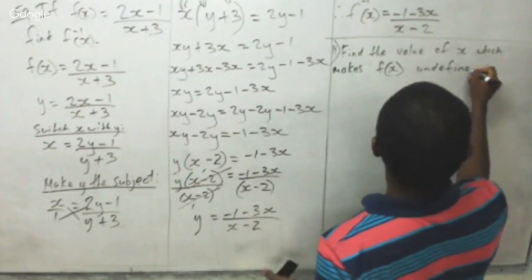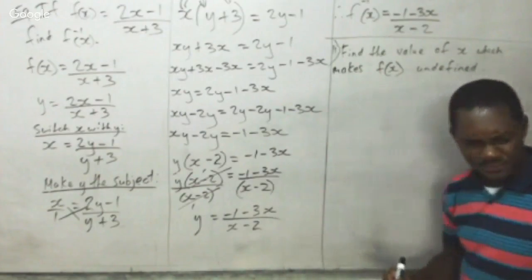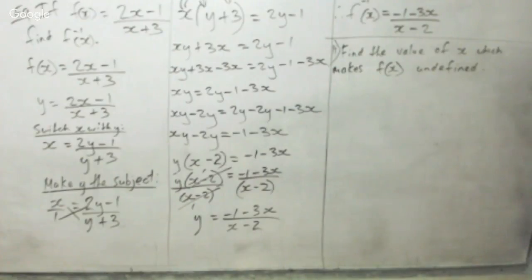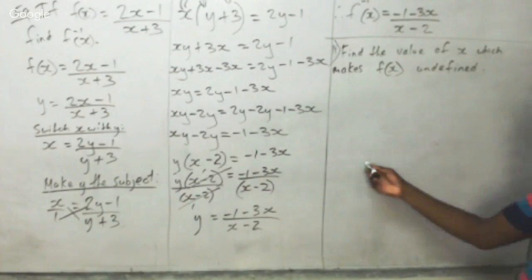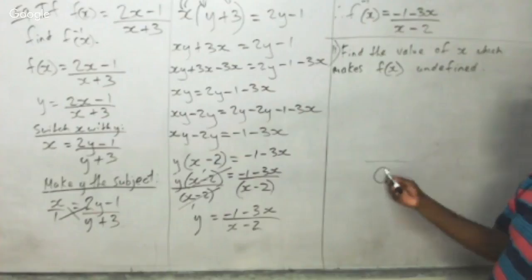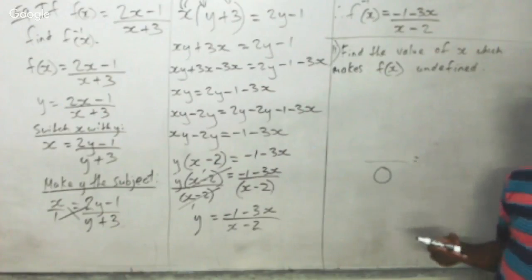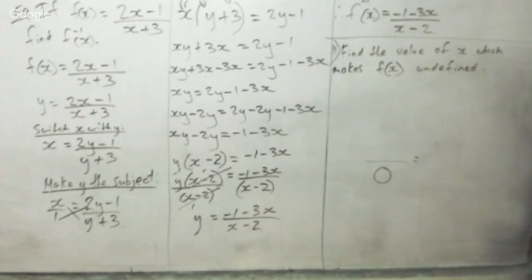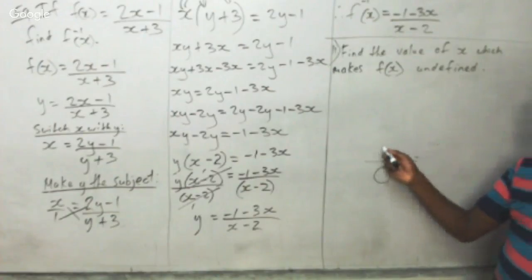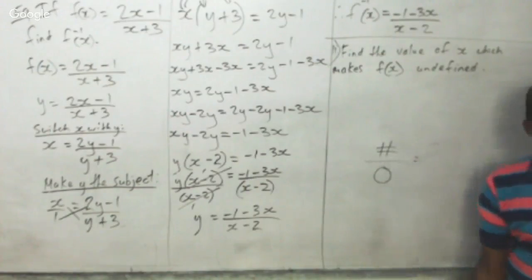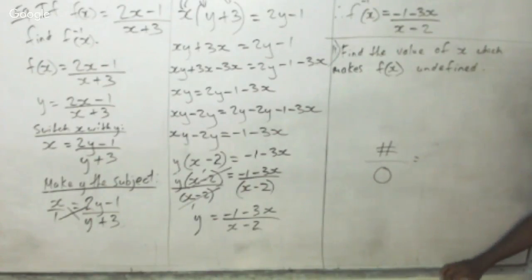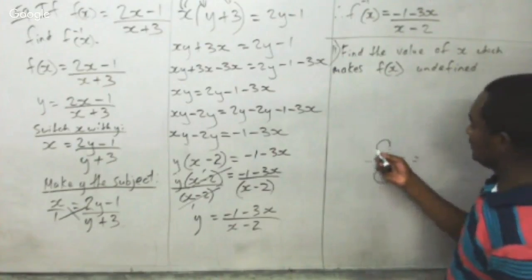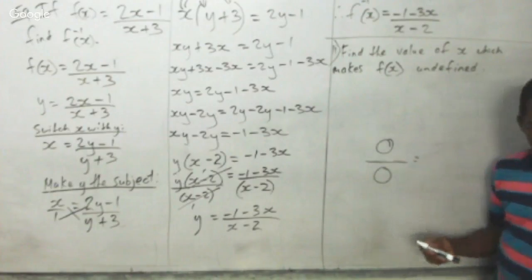Do you remember what we were showing with the fraction earlier? You divide by 0. If you divide by 0, your result is going to be undefined. By the way, look at this: 0 divided by 0 is still undefined.